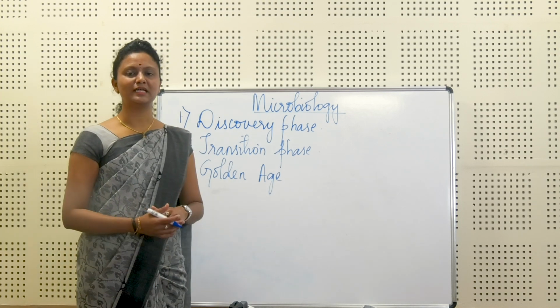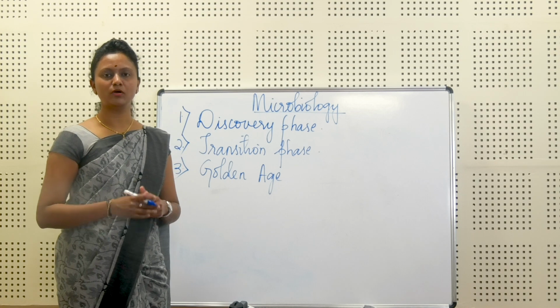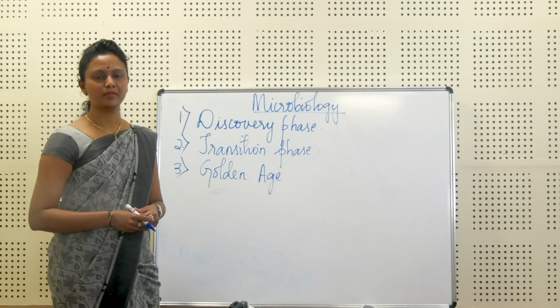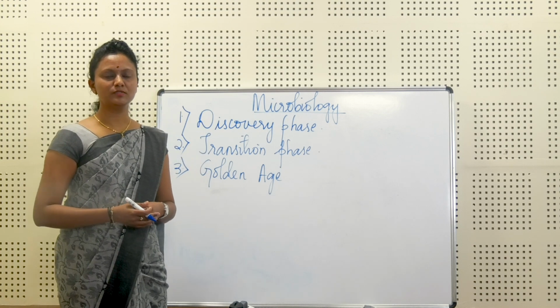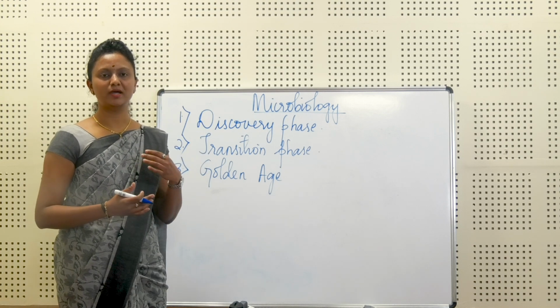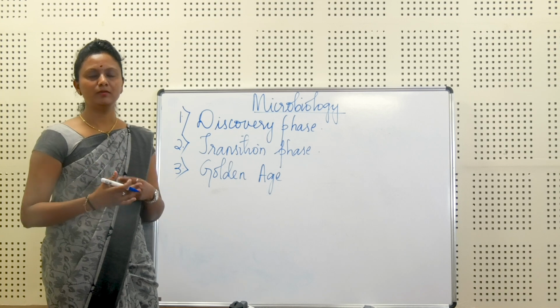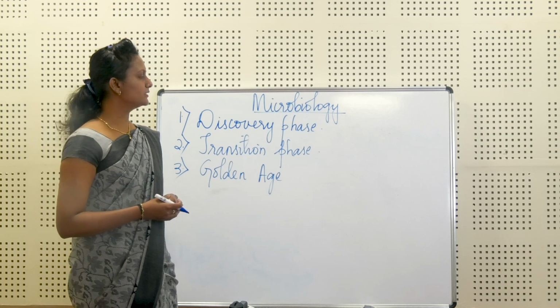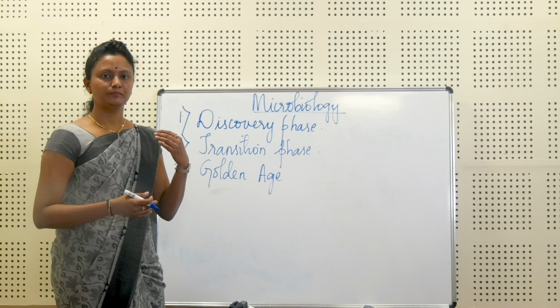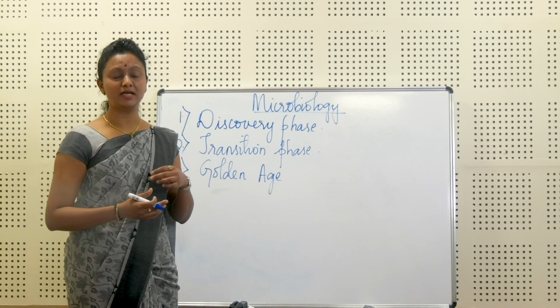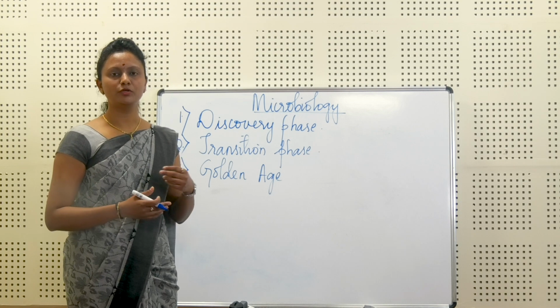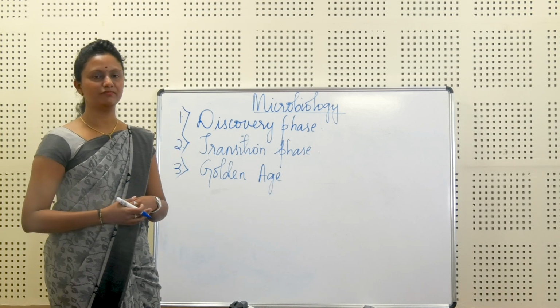During the first phase, that is the discovery phase, the microorganisms were discovered, and mainly the observation of the microorganisms and its descriptions were actually followed by most of the scientists. And some of the scientists, such as Marcelo Malpighi as well as Anton van Leeuwenhoek, contributed towards the discovery phase.